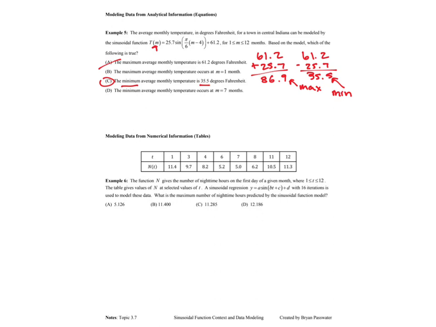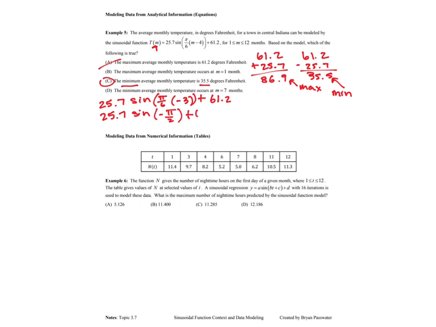So if I plug in 1 into this function and find T of 1, I've got sine of pi over 6 times, what's 1 minus 4? Negative 3, plus 61.2. Yeah? Okay. What's pi over 6 times negative 3? Negative pi over 2.